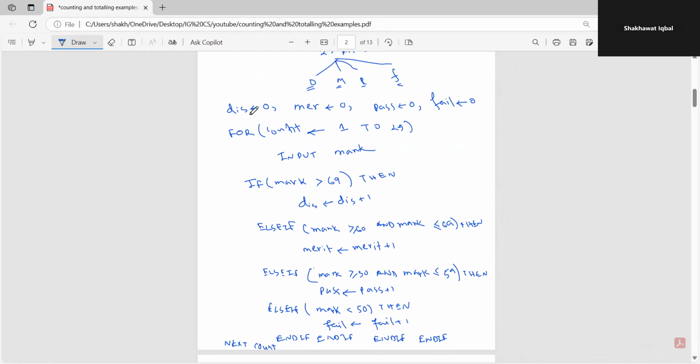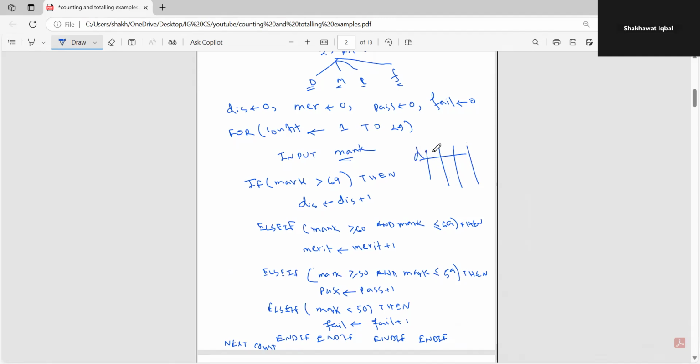So if we show you in short, initially how many distinction do we have? Distinction 0, merit 0, pass 0, fail 0, right? So this is the first student's mark. Then based on his mark, I will decide whether he got distinction, merit, pass or fail. Then I'll go for the next student. In the same way, I will calculate.